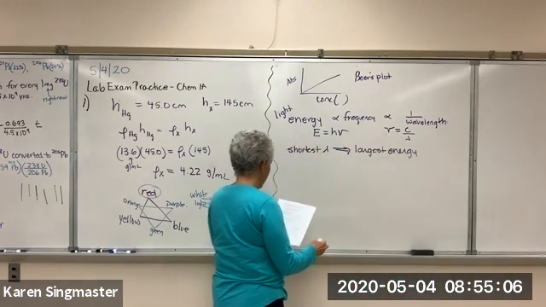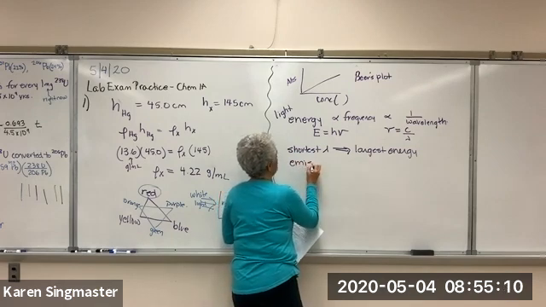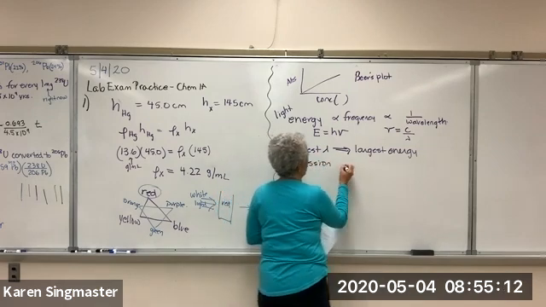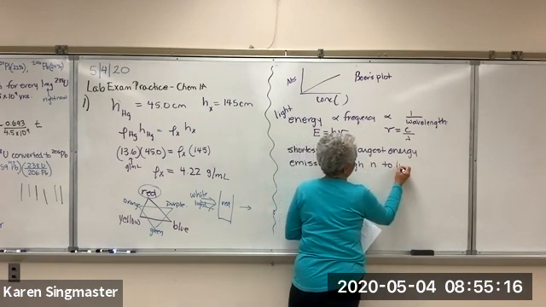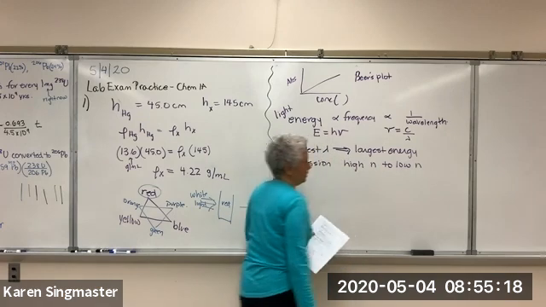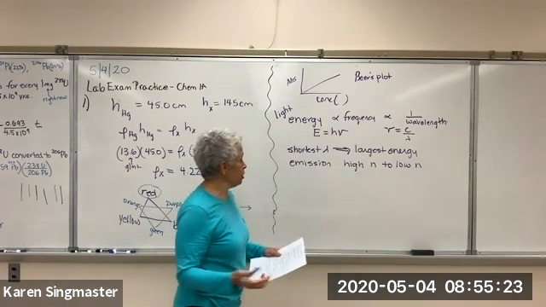And then the second thing that matters here, it's emission. Emission means it's going from high n to low n, okay? So a lot of this, I find it's easier to just remember the hydrogen spectrum.